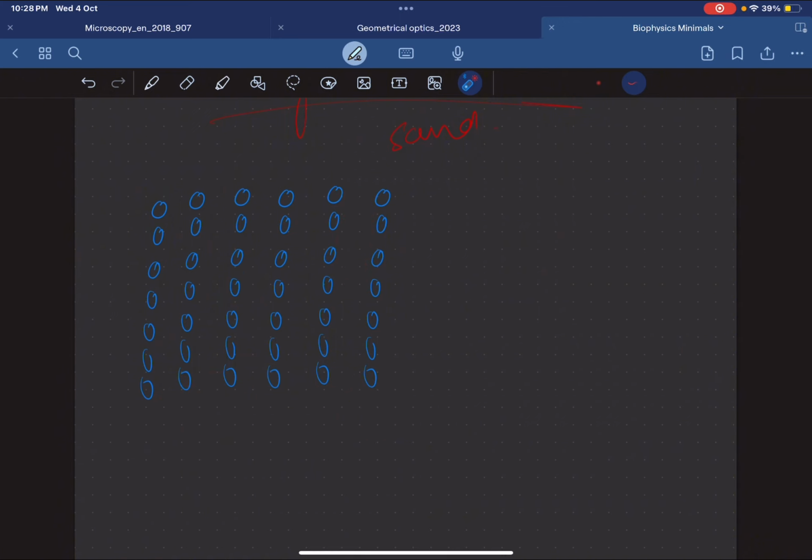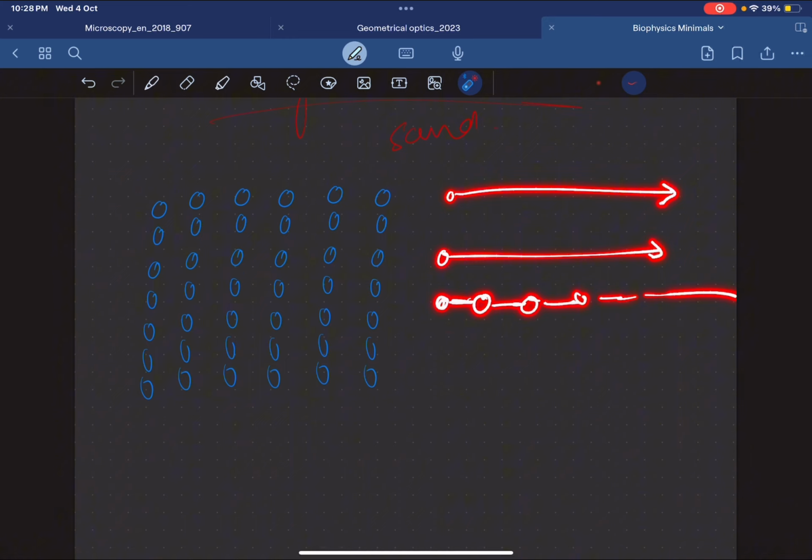But the particles don't move from one place to another. When sound is transmitted, the particles don't go from here to here. They remain in their position, but they vibrate, and the particle next to them vibrates, and that's how they send the wave.